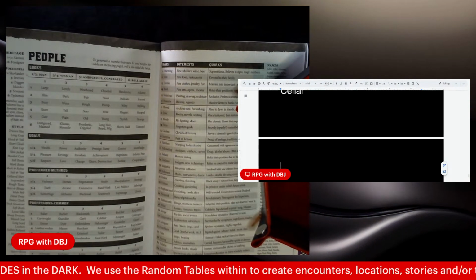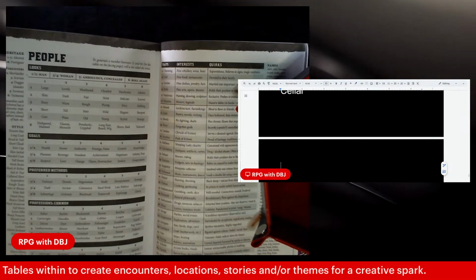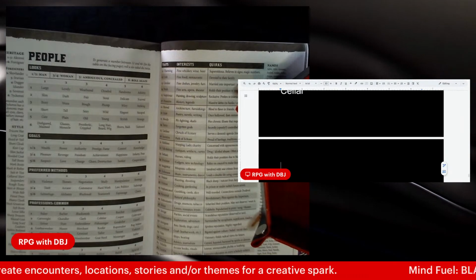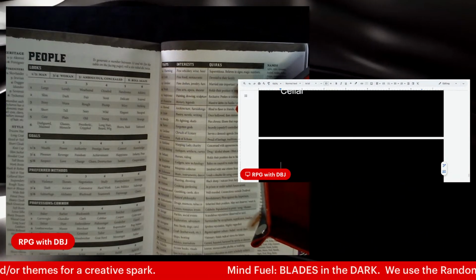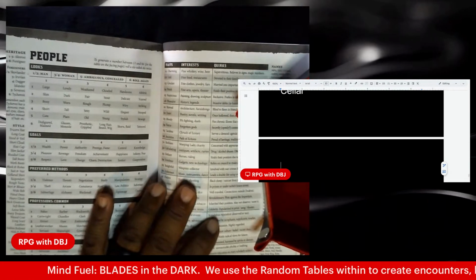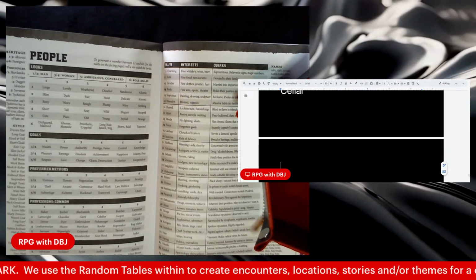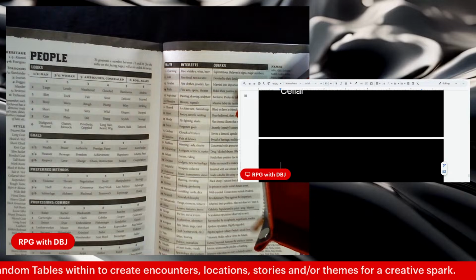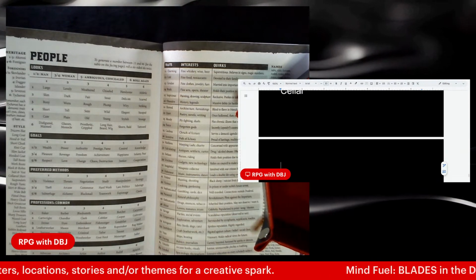Even if they don't know what's on the list, they can say, listen, I rolled a 2 and a 6. Hey guys, let's just go with the 6, because I know the 2 is probably going to be worse for us. And if they get to choose that or add a modifier to it, that used to be a big thing in many of the Dungeons and Dragons random tables, that you would add numbers to it so that you would go higher and higher on the tables, and those would get worse.